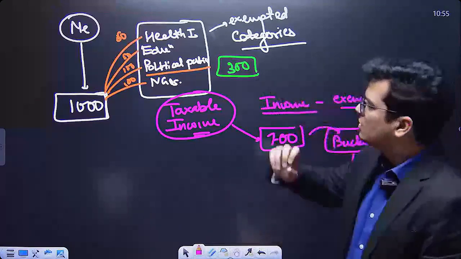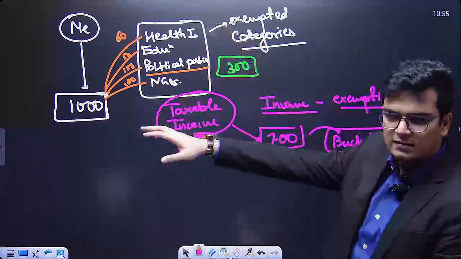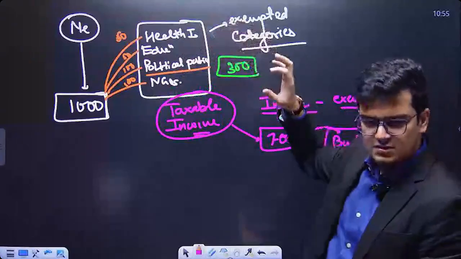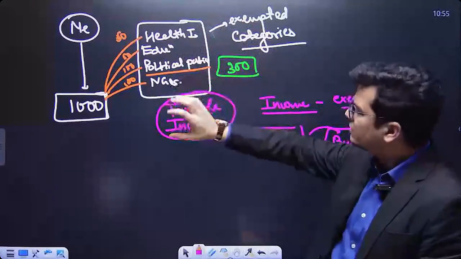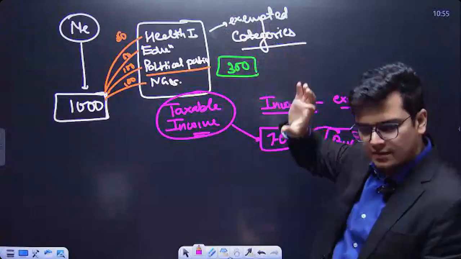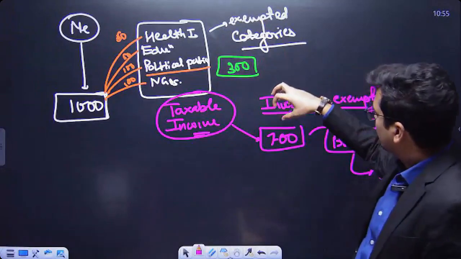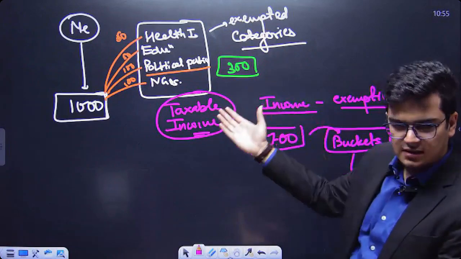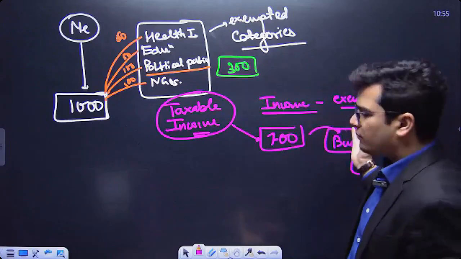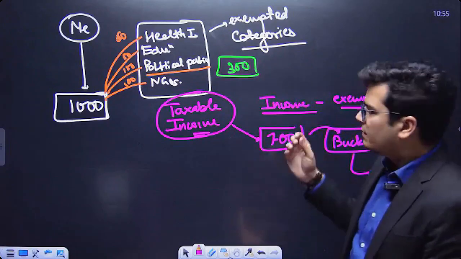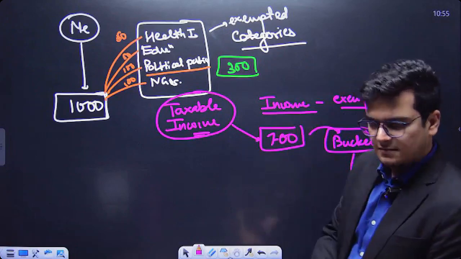Fair? So in this case, government first calculates exemptions. Once government calculates exemptions, then government calculates income minus exemptions as taxable income. Then on taxable income, on that bucketing system, government will levy certain tax.